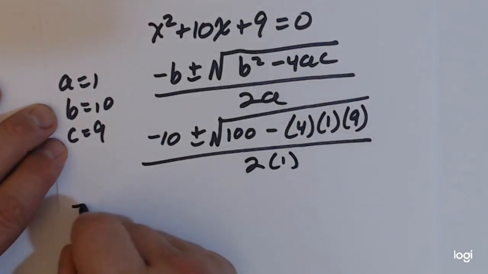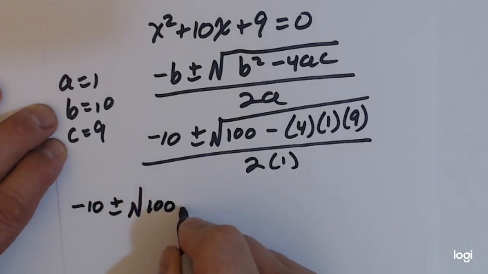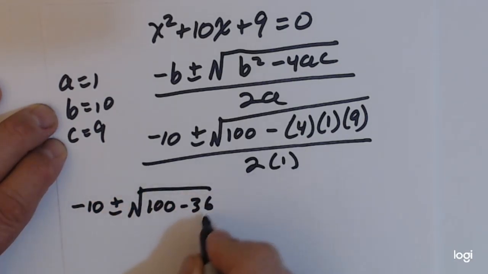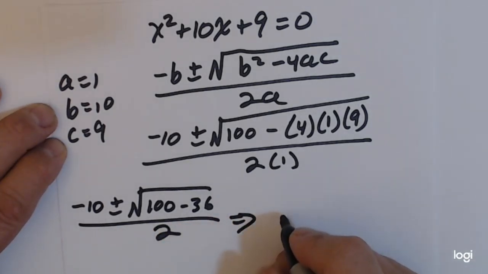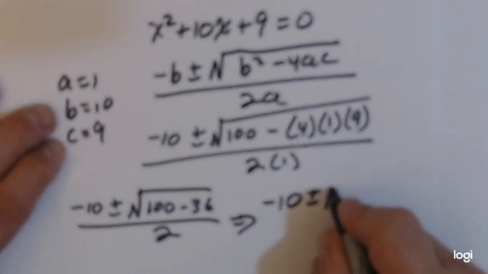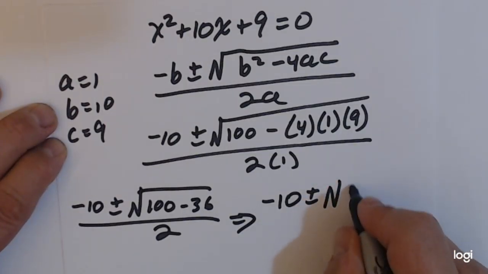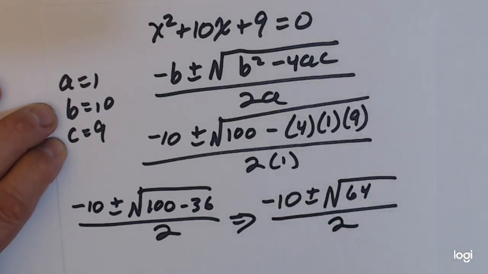So we've got negative 10 plus or minus the square root of 100 minus 36 all over 2, which gives us negative 10 plus or minus the square root of 64. That makes it easy, over 2.